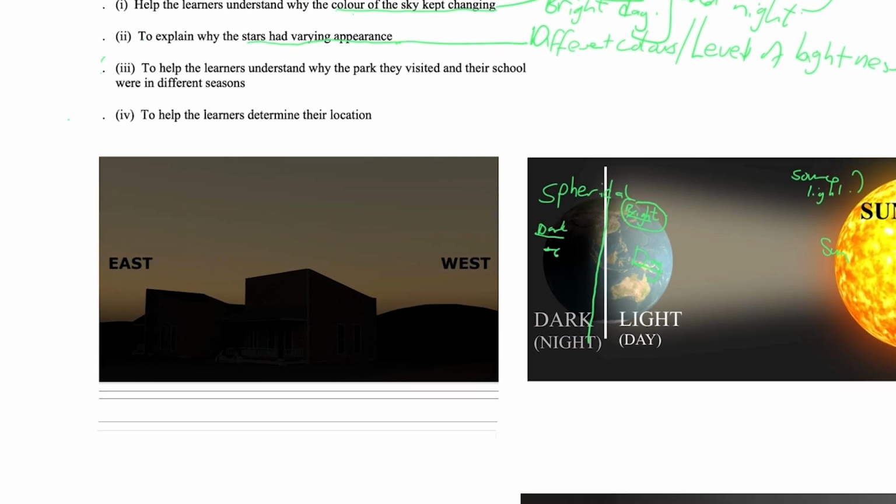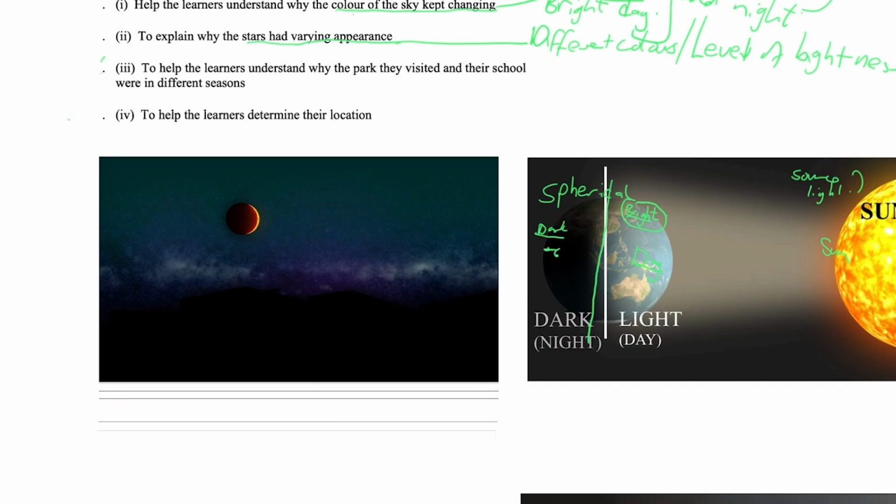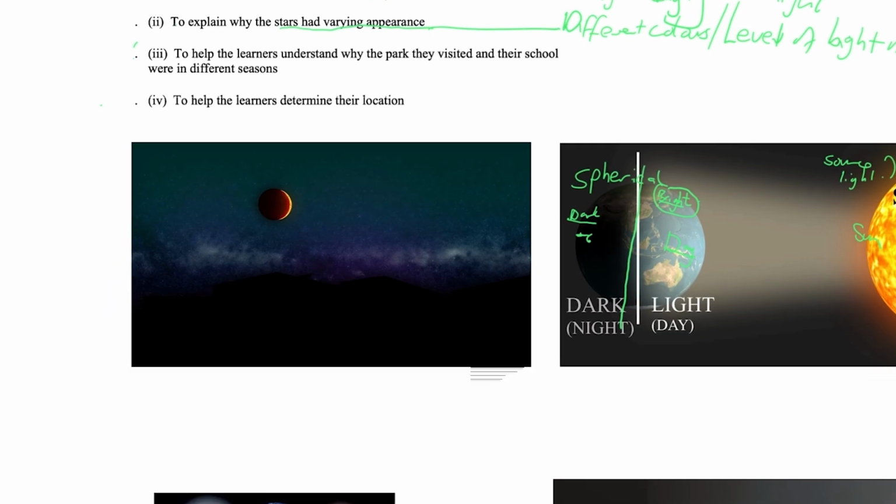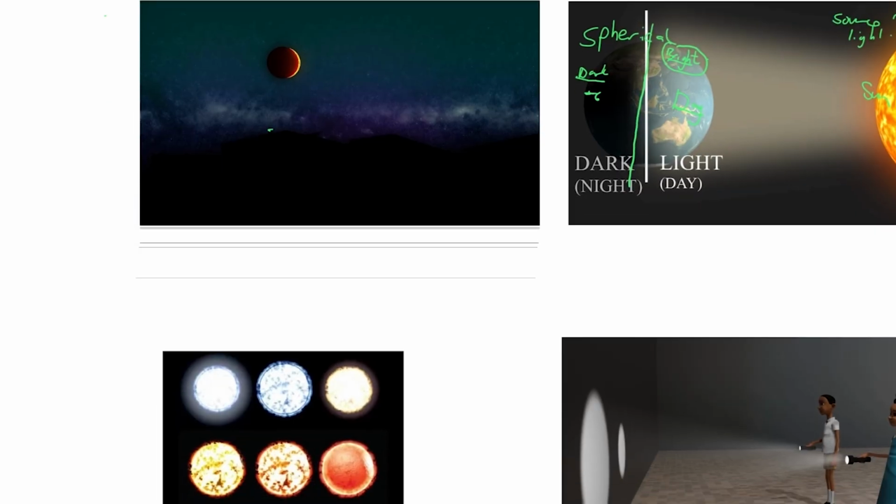Now this means that when you look at stars at night, those who have ever looked at night, this is how stars look. You may see star A, star B, C, D, E, and F. These stars are different in appearance in terms of color.